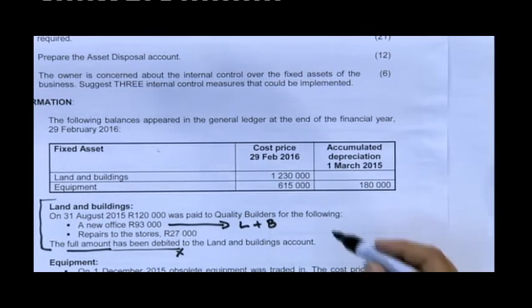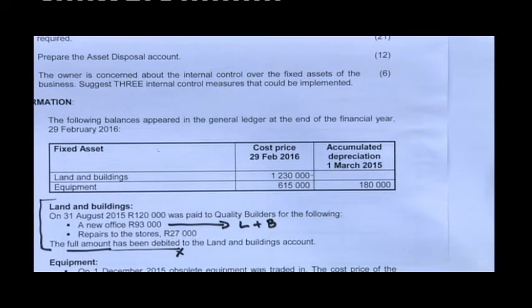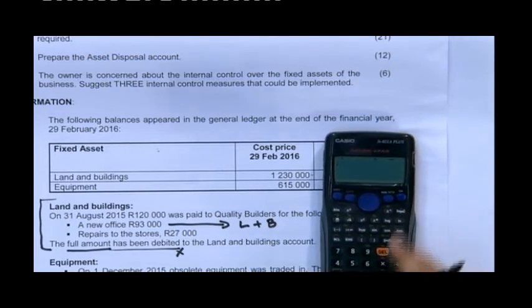So what they did, they added 120,000, so the total became 1,230,000. So what we can do, we can take the 1,230,000 and take away the whole 120,000.